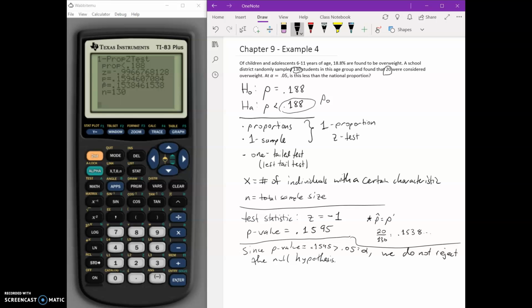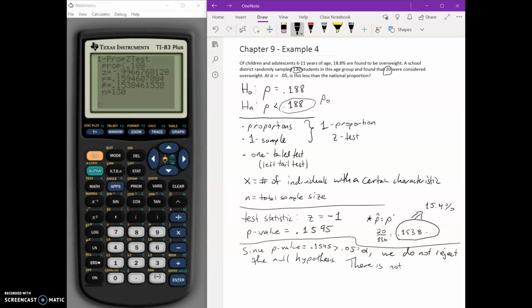One thing we should note is that this number we found as our p-dash is basically saying that about 15.4% of this school has overweight students. So indeed, this is less than the national proportion, but it's not significantly less. So we did not reject the null hypothesis.